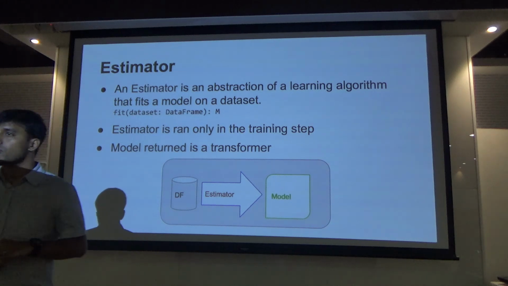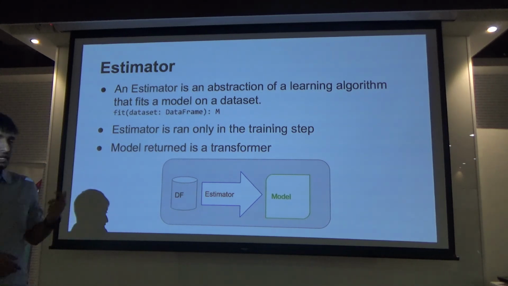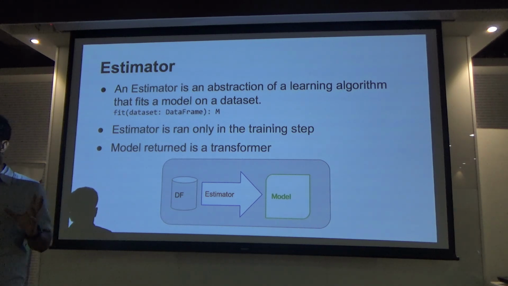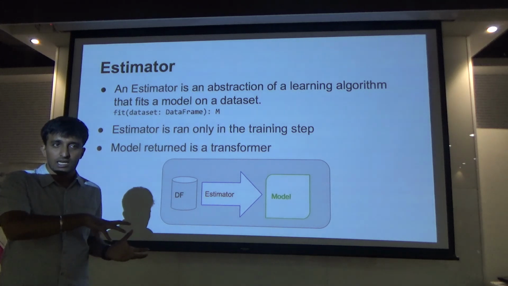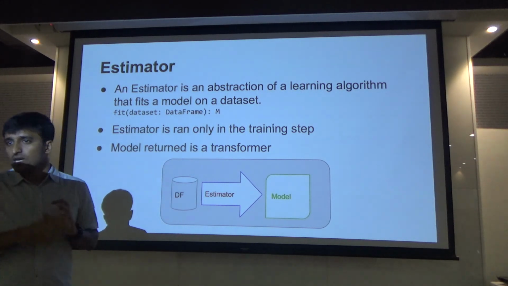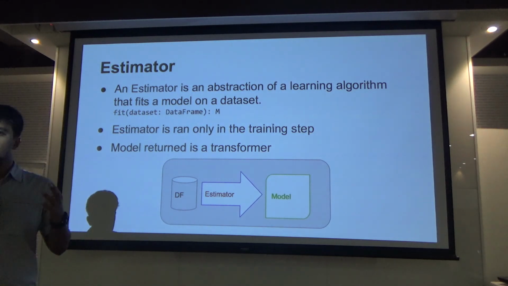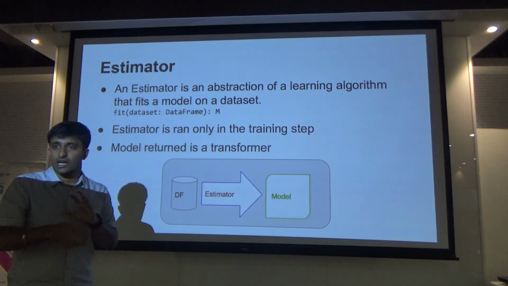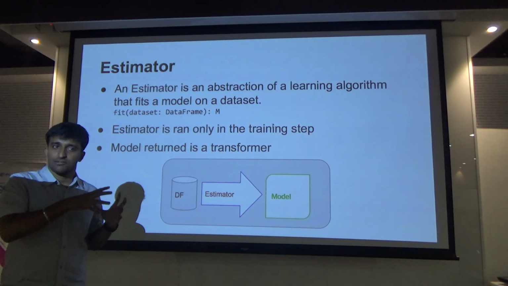Next is the estimator. The abstraction of an estimator is an algorithm training piece. You fit the model first using data, and it returns a model, and a model will again be a transformer. You can assume it as something like a linear regression. It takes data, fits a model, and returns a linear regression model, which is a transformer.